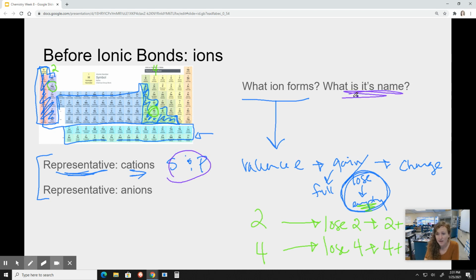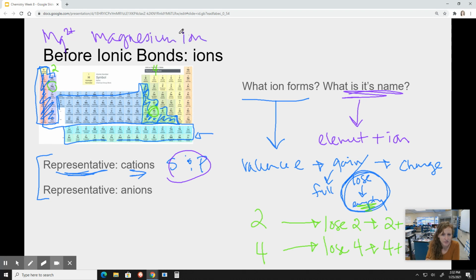We've also talked about how to name the representative cations. So when you name a representative cation, all you do is you put the element name plus the word ion. So for this Mg2+ ion we talked about, that would be the magnesium ion. We just took the element name and added the word ion.